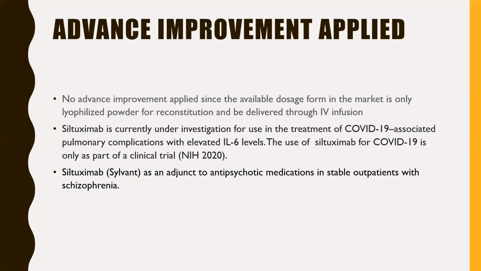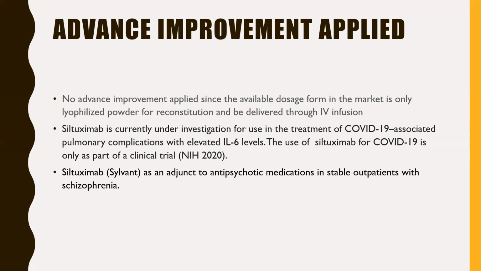So, advanced improvement applied for this Siltuximab. Actually, no advanced improvement applied since the available dosage form in the market is only lyophilized powder for reconstitution and delivered through IV infusion.